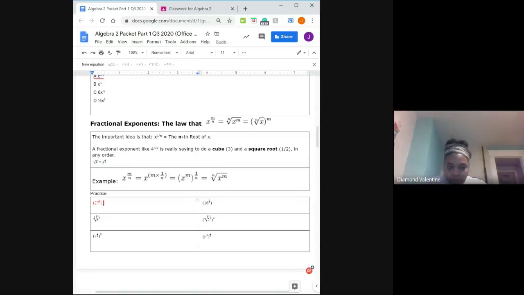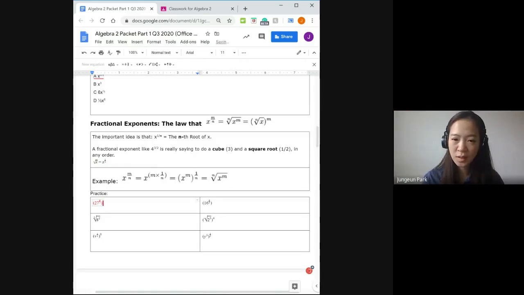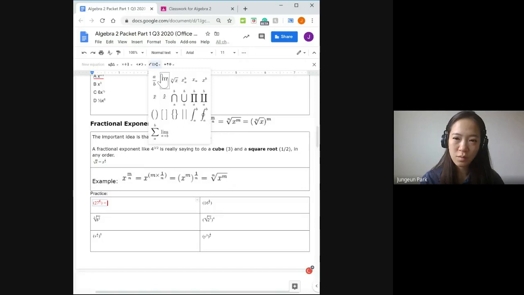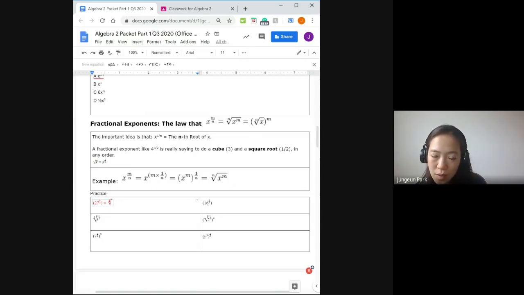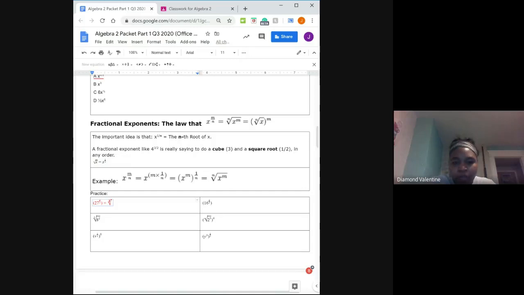Okay, Simon, let's change this into this. So what should be outside? What kind of root do I have to have? Is it a square root?